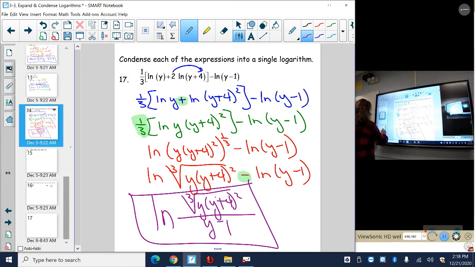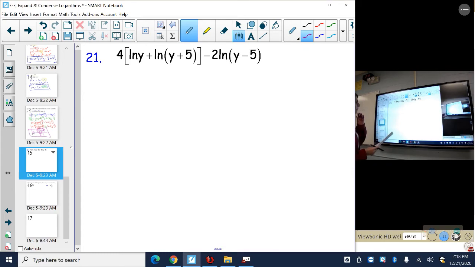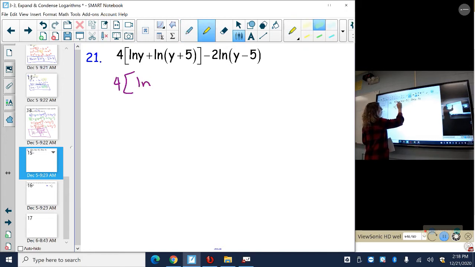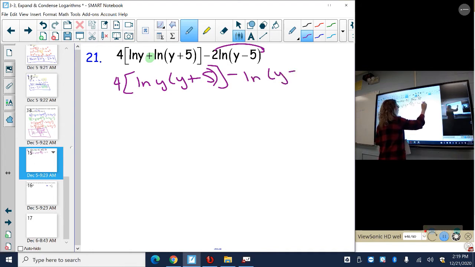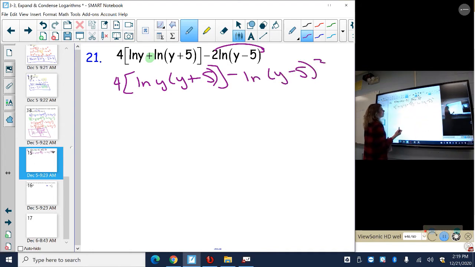Okay? Let's go ahead and do number 21. Number 21 is very similar to the last problem. Look inside the brackets and go ahead and work from the inside out. In log world, addition is multiplication. Go ahead and put this 2 back on. Go ahead and put this 4 on.